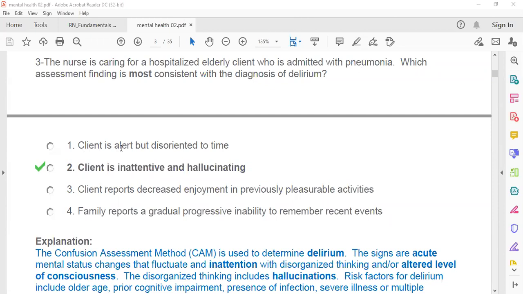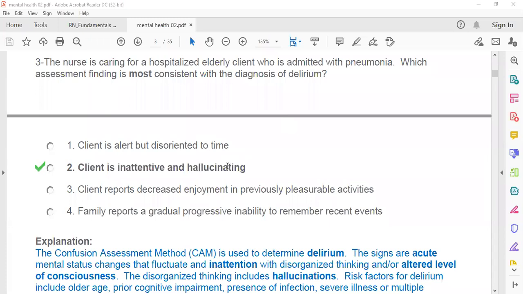Option one: the client is alert but disoriented to time. It is not a feature of delirium. Second one: the client is inattentive and has hallucinations. As I told you, delirium involves distracted speech, restlessness, and distracted thought.